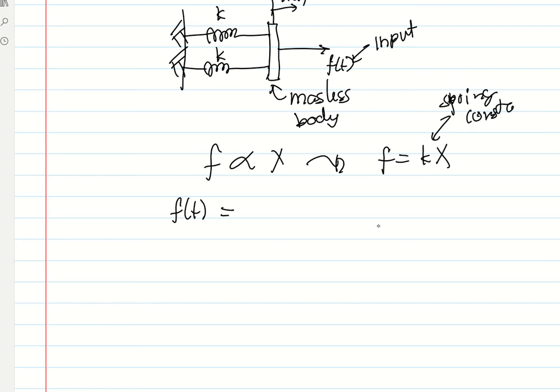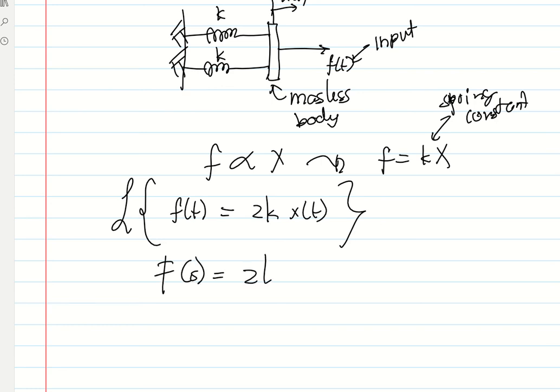Because it's 2k here, we multiply 2 times k, because they are in parallel, so the total spring constant is the sum of the two, then multiply it with x. And you take the Laplace, then this will be a capital F equals 2 times k times X, in S domain also.